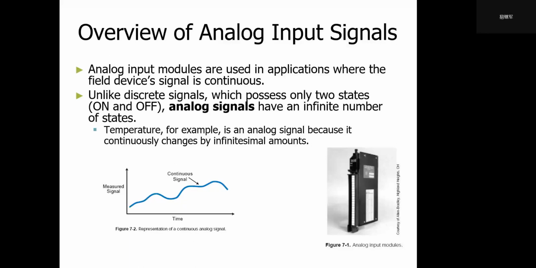The temperature, for example, is an analog signal because it continuously changes by an infinitesimal amount.